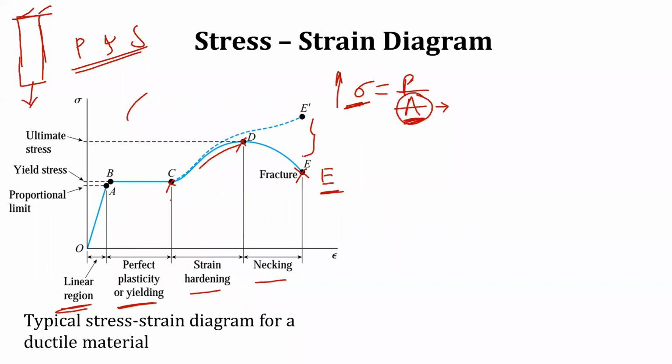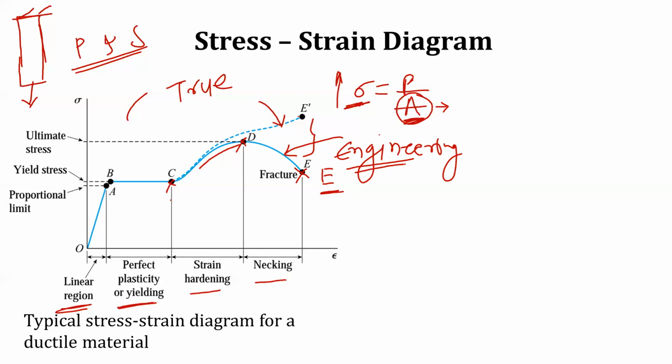That's why this dotted curve is called the true curve, and this solid one is called the engineering curve, because in engineering calculation, we use this solid curve. There is also one reason why we use this engineering curve: every time it is not possible to measure the area, and even if you see a very big change here, the actual change will not be that much. That's why we use this engineering curve.